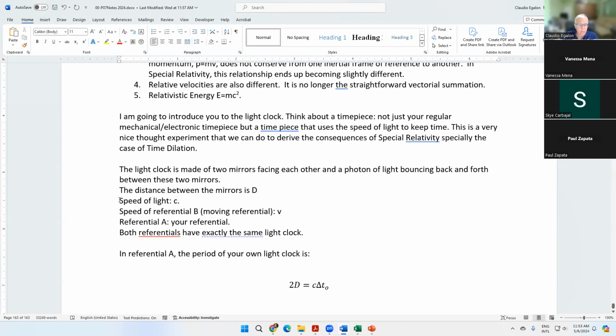The speed of the light is c. The speed of referential B, I'm going to use the same notation that I use in my physics 6 course: velocity of B with respect to A. In case you don't remember, I'm going to spell that out here: velocity of referential B with respect to A.